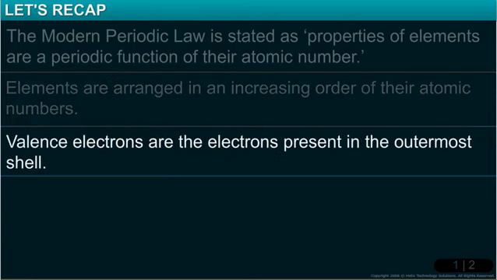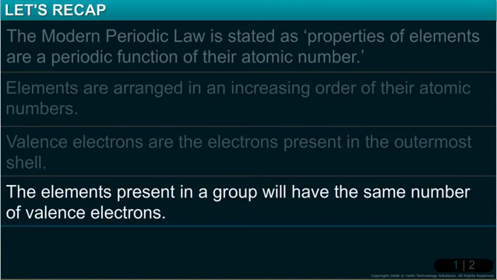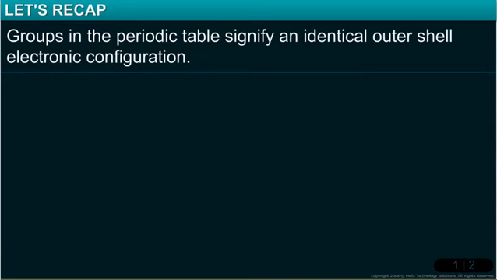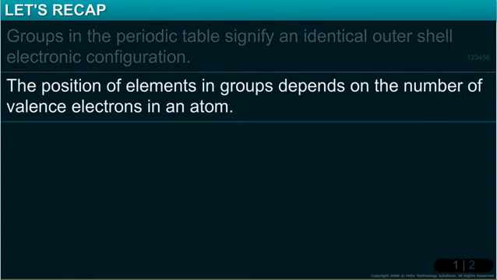The elements present in a group will have the same number of valence electrons. Groups in the periodic table signify an identical outer shell electronic configuration. The position of elements in groups depends on the number of valence electrons in an atom.